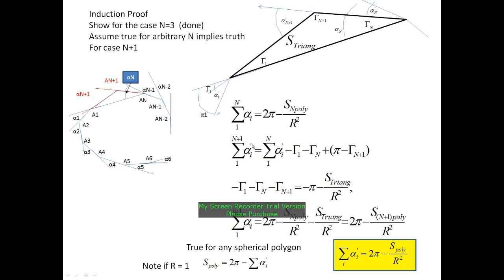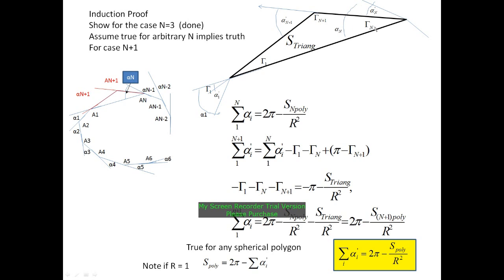So when you want to solve for this thing that you want to demonstrate, the sum of alpha prime i from i equals 1 to n plus 1, it's basically the same as the alpha primes from 1 to n, except at vertex A n, vertex A1, and vertex A n plus 1. And the difference is, here's the external angle at vertex n.